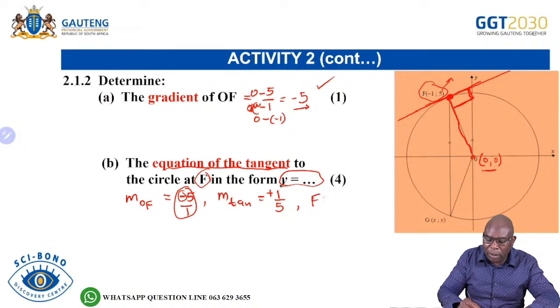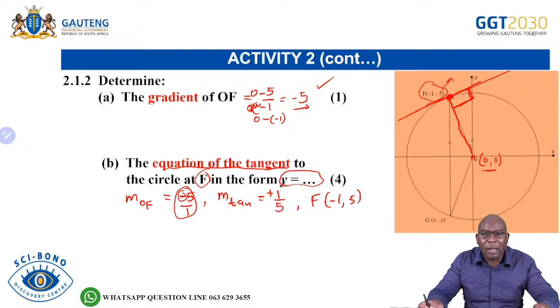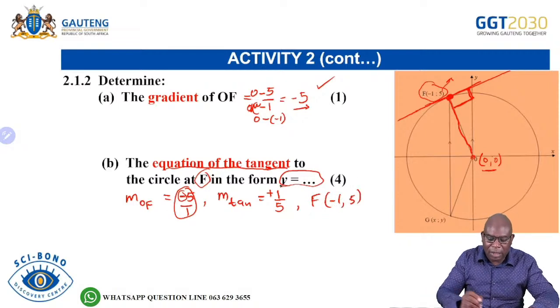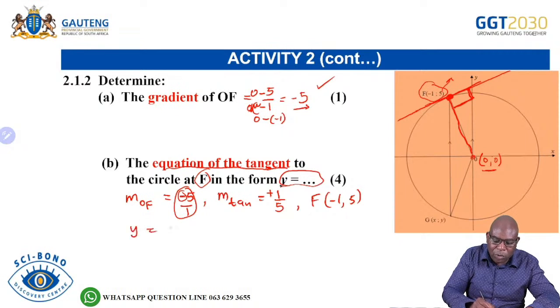Now I need the point F, which is minus 1 and 5. If I've got a gradient and a point on the tangent, I can write my equation y equals mx plus c, of which my y value is going to be 5. My gradient is 1 over 5. My x value is negative 1, and I need a c.